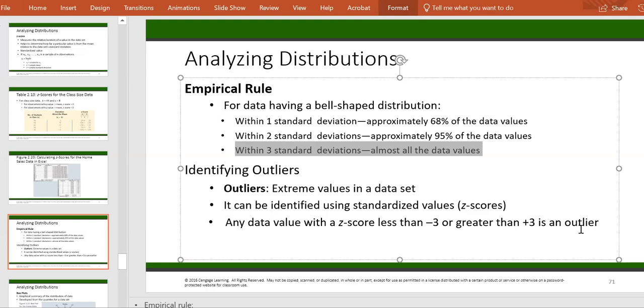And whenever we have an outlier in a distribution, it's a tricky situation. Always, whenever you see an outlier, you should ask yourself as an analyst, why do we have an outlier here?